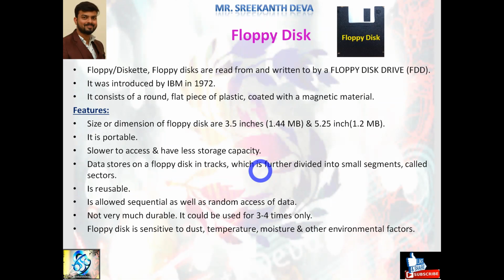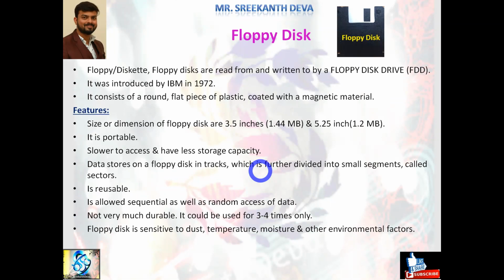Next, we discuss one by one. First, floppy disk, also called removable disk or diskette. These disks were used in olden days. Nowadays we use optical disks like CDs and DVDs, or solid state storage like pen drives, SD cards and MMC cards.